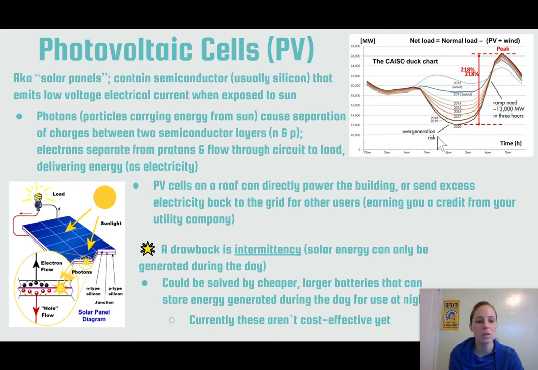So the amount of risk that you have for us needing the solar energy compared to how much is going to be produced, it's actually a really low risk in the middle of the day for us not having enough.